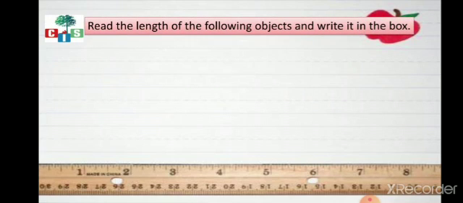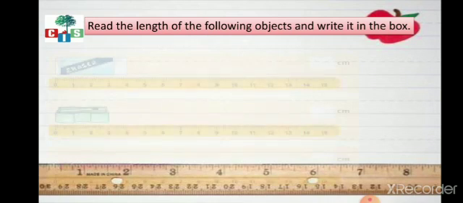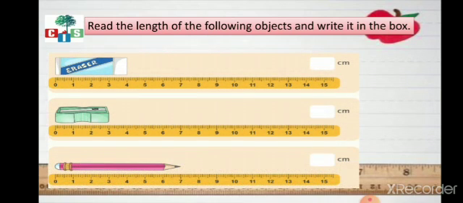Read the length of the following objects and write it in the box. So here are some questions. The first one is about eraser. It starts from 0 and it is ending at 4. So this eraser length is 4 centimeter. Now the next one is a sharpener. Start from 0 and till 3 it is touched.